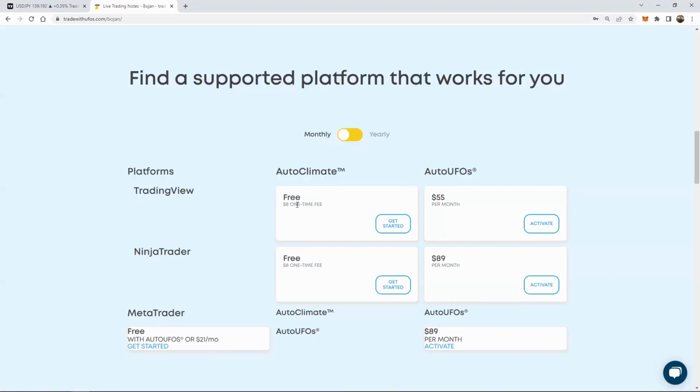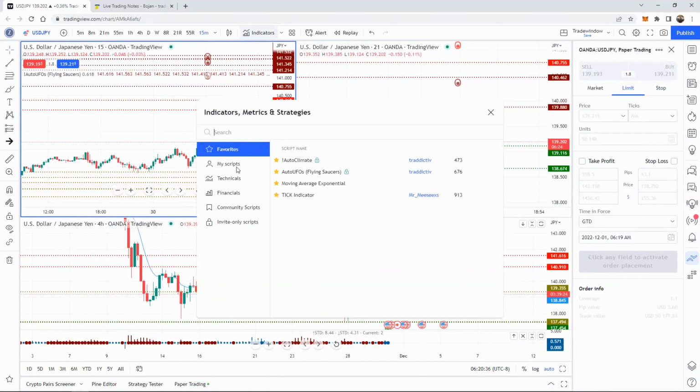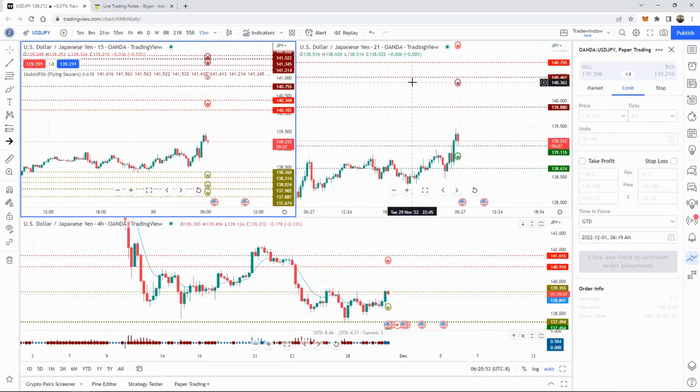For TradingView, it is free to have it, and it's just an $8 one-time fee that you have to pay to get it activated on your account. So it's not an indicator that's readily available here. It would be an invite only script essentially. So once you pay that $8 activation fee, you get it permanently free and unlocked, and you'll just have to send us your username from TradingView.